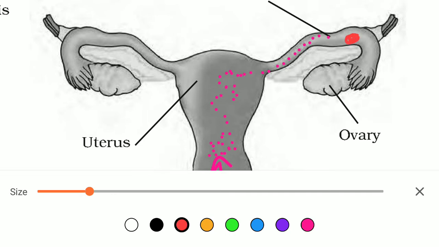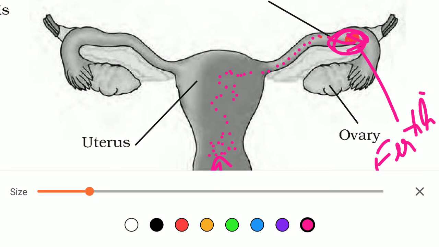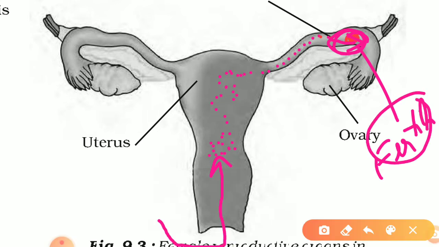This is the egg, suppose. Out of millions of sperm, only one sperm fuses with the egg. So this act of fusion of egg with the sperm is called fertilization. So what is the function of this oviduct? Within the oviduct, fertilization takes place. Is it clear, children? Okay.